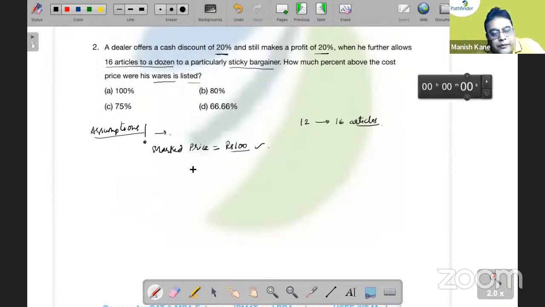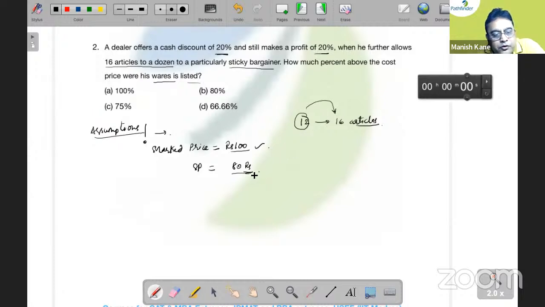So the 20% discounted price will be 100 minus 20, that is 80 rupees. And for 80 rupees, you charged for 12 while you gave away 16.